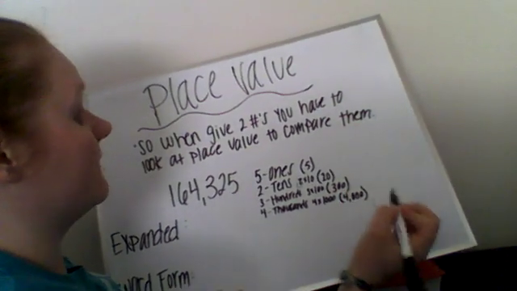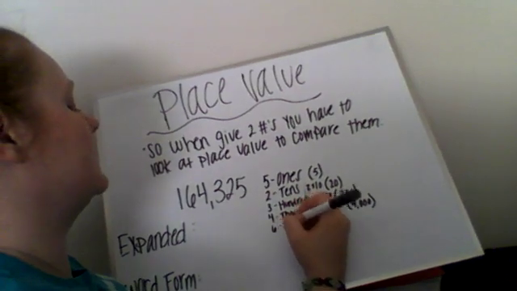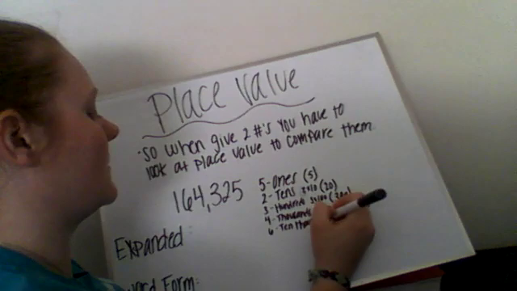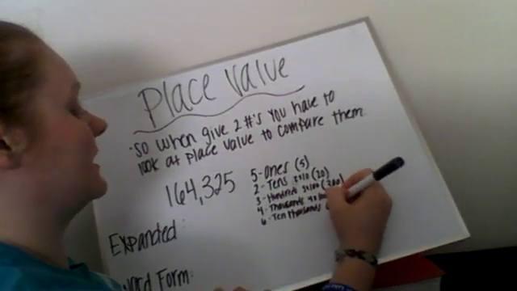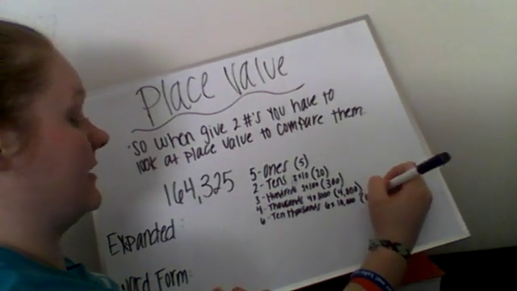Okay, so 4 in the thousands is 4,000. Then I have my 6 in my 10,000s, which is just 6 times 10,000, which is 60,000.